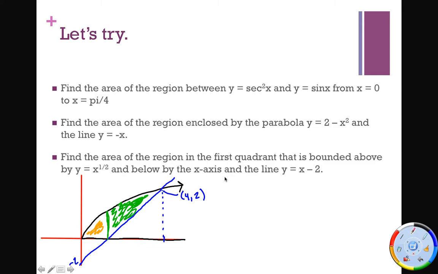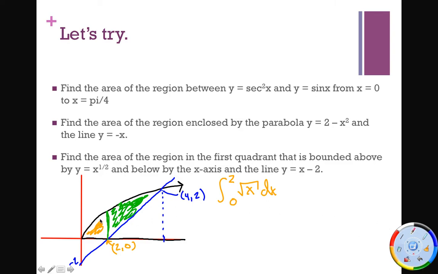So what we can do is say the integral, this is for the orange section, from 0 to, we should probably figure out that this point is the point 2, 0. So from 0 to 2, we are just going to take the integral of the square root of x dx, which is just this little orange section.